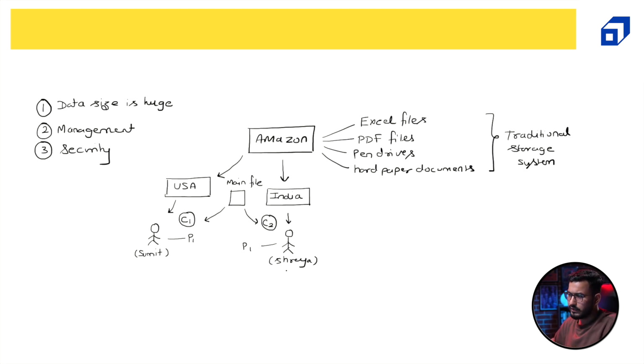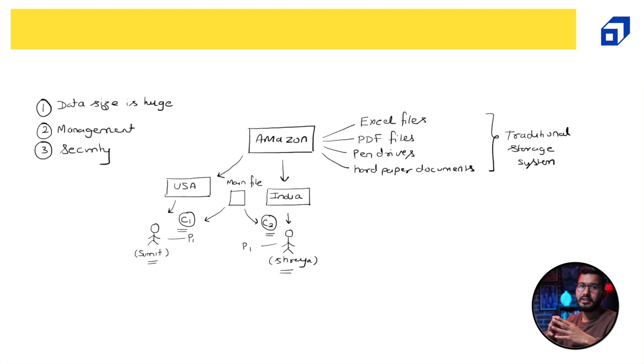The problem is any changes made by Shreya in her copy, which is with her, the C2 file, will not be replicated or will not be available to Sumit in his file, which is C1. Similarly, if there are any changes made by Sumit, it will not be visible, it will not be available to Shreya. So the analysis that will be done by Shreya and the analysis that will be done by Sumit will be two different things because they have not been provided with the same version or the same view of the file.